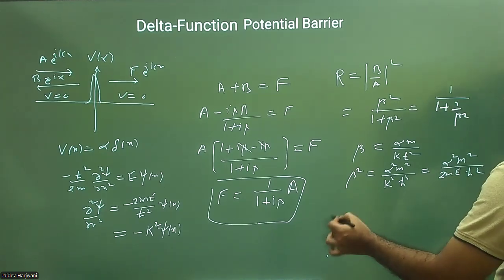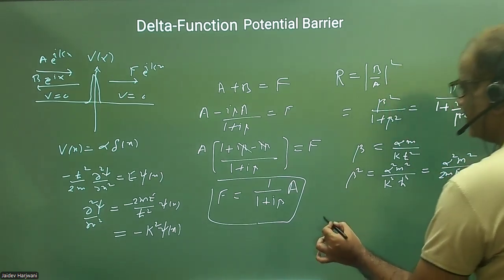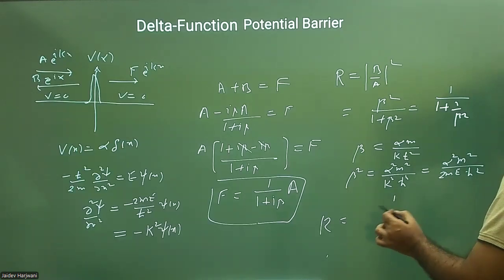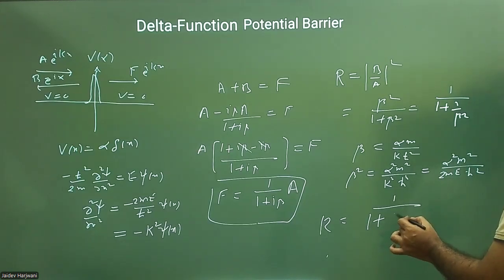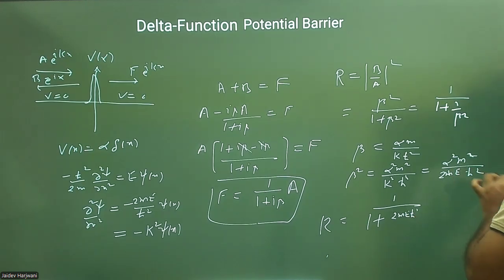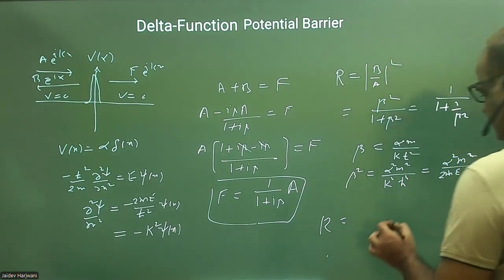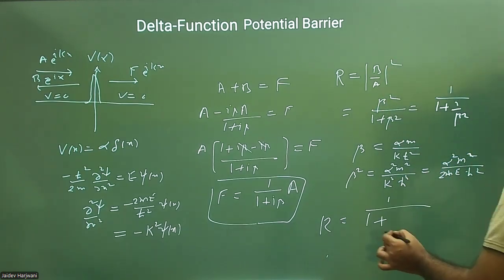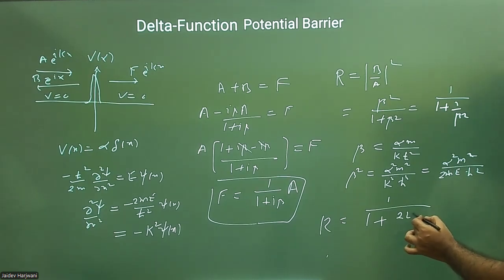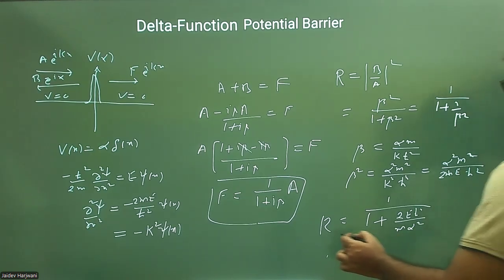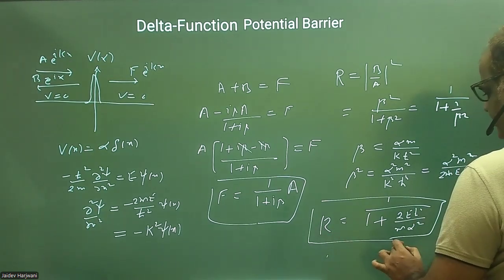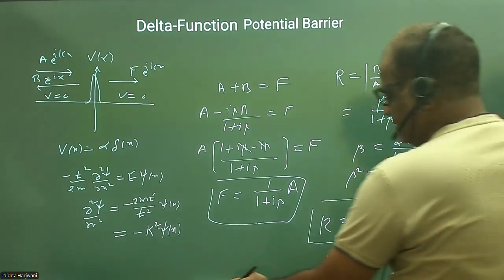So our reflection coefficient becomes 1 upon 1 plus 2me h cut square upon m square alpha square. M also cancels. So you have only 1 upon 1 plus 2E h cut square upon m alpha square. This is your reflection coefficient, same as your potential well.